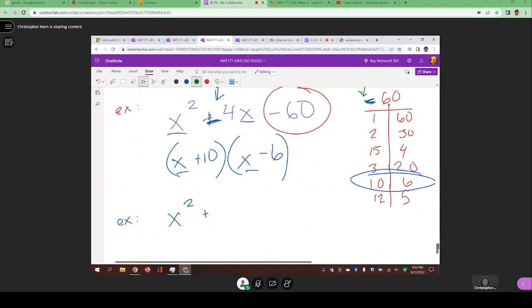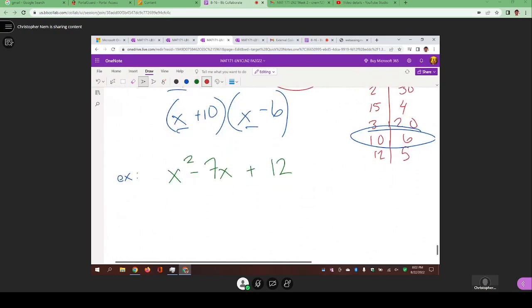So, let's do... what was I doing? I forgot. Let's do plus... let's do 12. And then we're going to do negative 7x. Well, this one looks funny. Because if I do my factors of 12, I get 1 and 12, 2 and 6, 3 and 4.